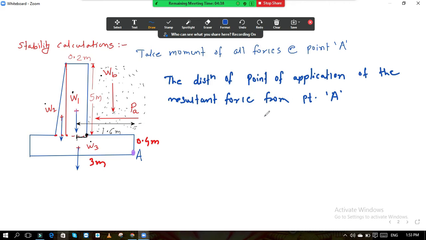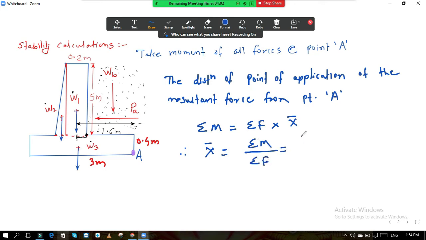You know that summation F into x is equal to summation M. Okay, summation M is equal to summation F into x bar. Now where does this come from? This is Varignon's theorem, which you have studied in first year. Then therefore x bar is equal to summation M divided by summation F.